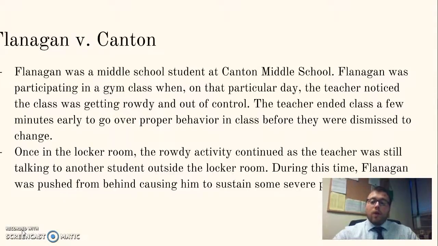Upon dismissal to go change, the teacher stayed behind to answer a question from another student. During that 3 to 4 minute conversation with the other student, the incident occurred in the boys' dressing room where a student had been pushed from behind, causing him to sustain some severe personal injury.